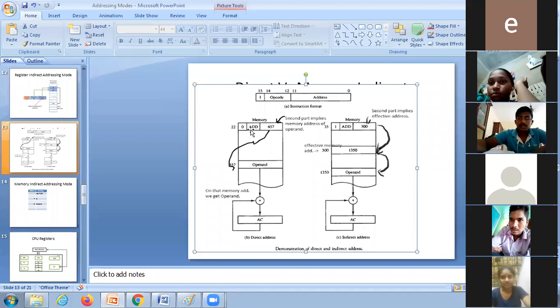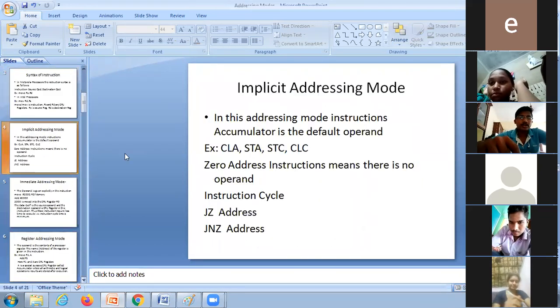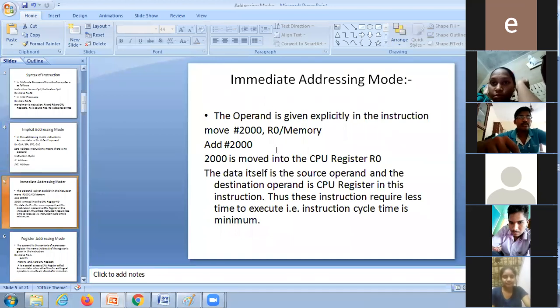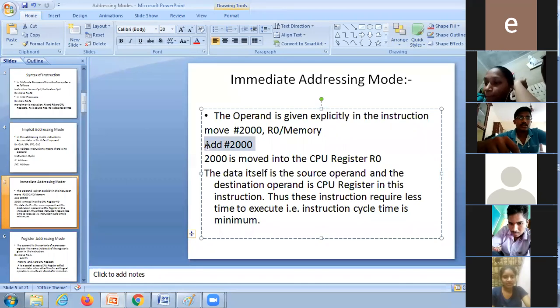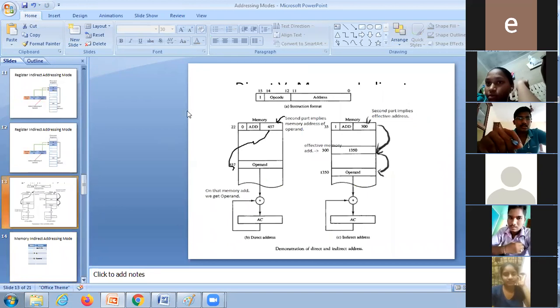Add hash 457. See here. What is the meaning of this? Add hash 457, whereas here, add 457.